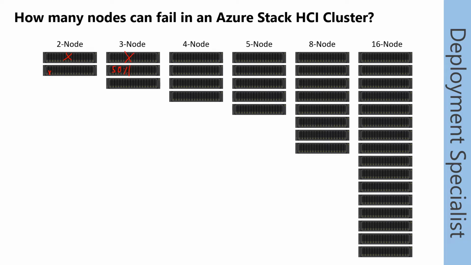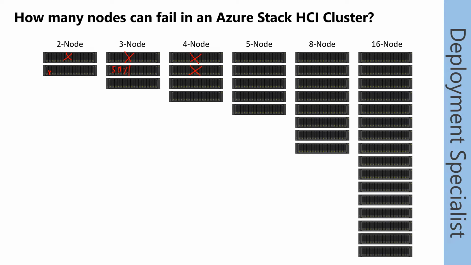In 4 nodes, still the 3-way mirror, and we can survive the failure of 1 node, and we can survive the failure of an additional node, because here we still keep the quorum of the disk drives, we still keep the quorum of the cluster.